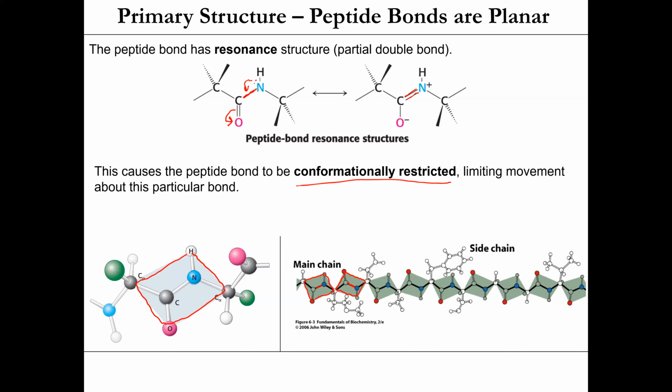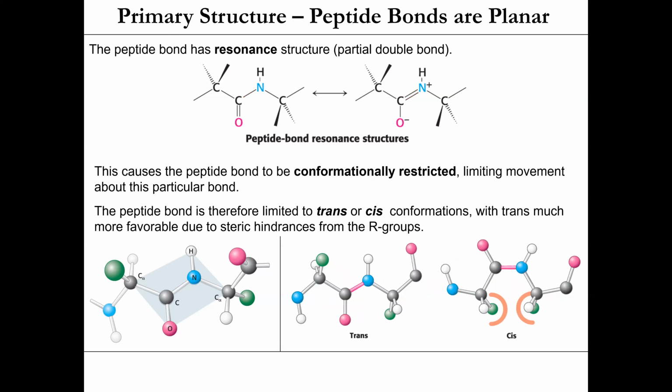And so the peptide bond is limited to a cis or a trans conformation. So here you can see a depiction of both the trans and the cis bond here. And the trans bond is much more favorable due to the steric hindrances from the R groups when they're in the cis bond. So basically, the peptide bond can only be in one or another conformation because it's got that planar structure caused by that resonance structure.